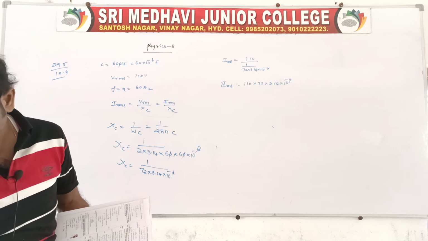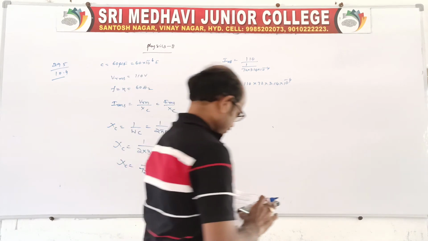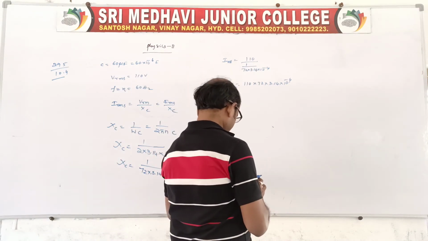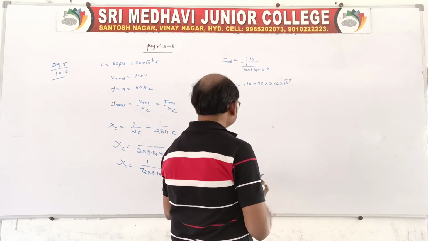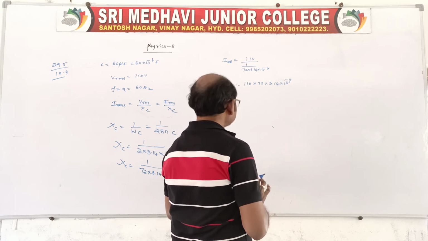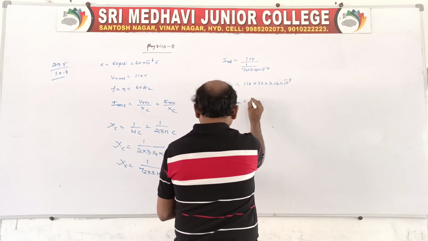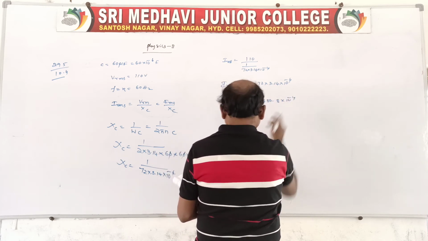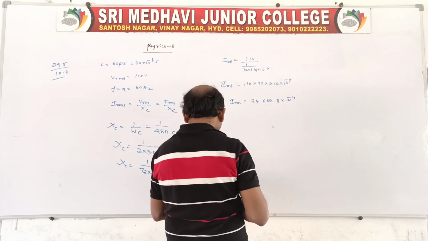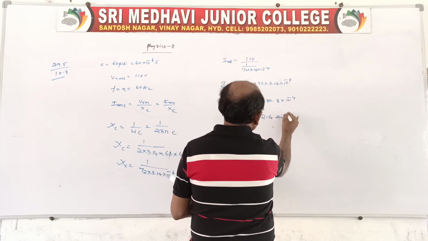Taking the simplification, we will get the answer. 110 into 72 into 3.14 is 24686.8 into 10 power minus 4. Dividing by 1000, I RMS is equal to 2.4 ampere. This is the answer.